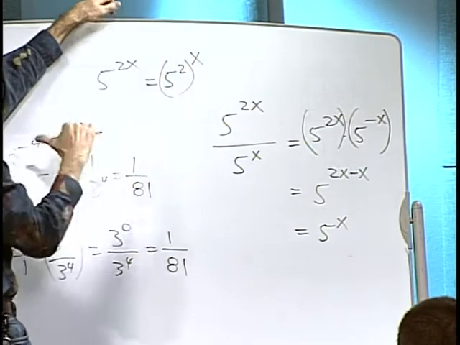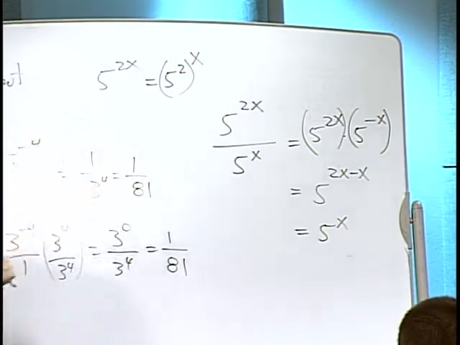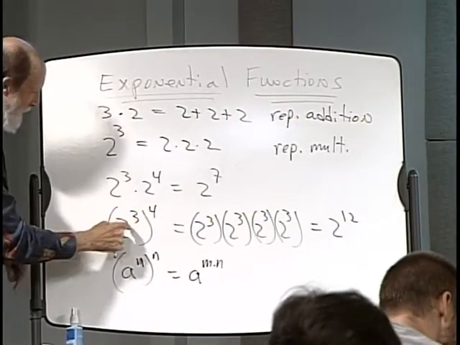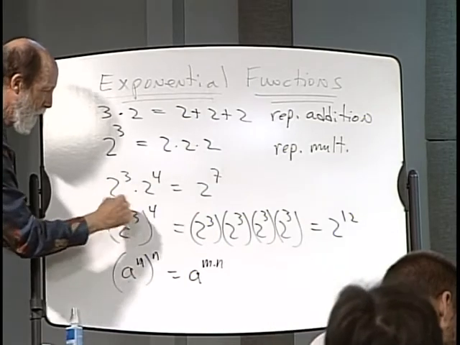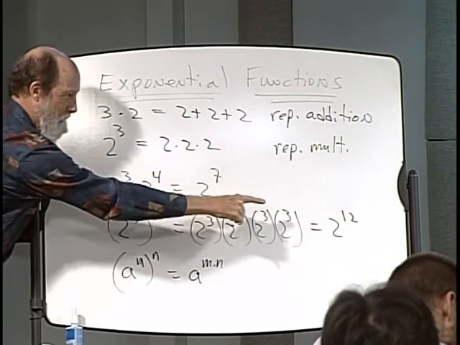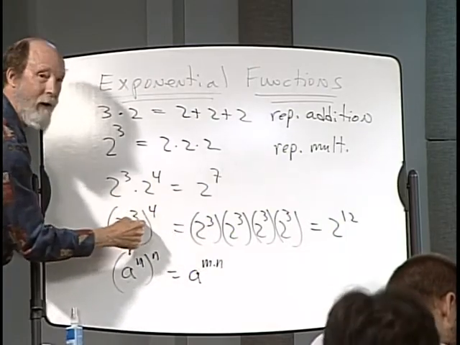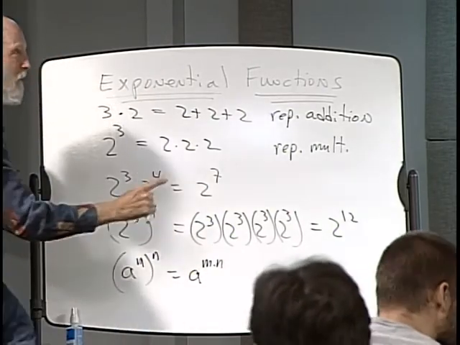Now come back to the other board for just a second. Look right here. 2 to the 3 raised to the 4th power is 2 to the 12th. Those exponents were multiplied together, 3 times 4. And we now come back to the other board.